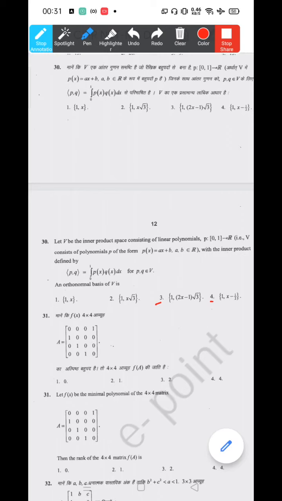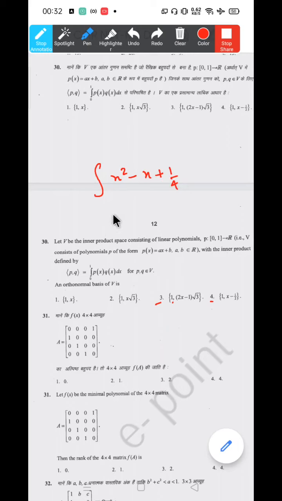Can you see that? Now, that is orthonormality. So this is 1, then that is okay. This will be 1 only. Let us see this, x minus half. If I square it, it is x square minus x plus 1 by 4.